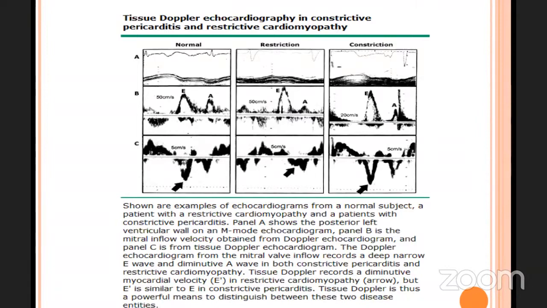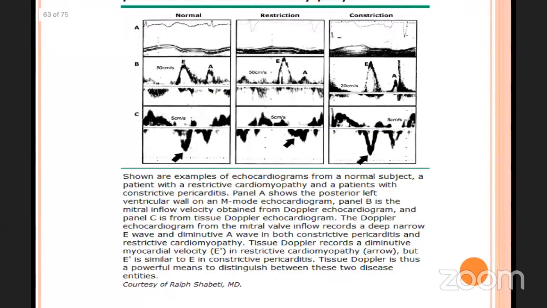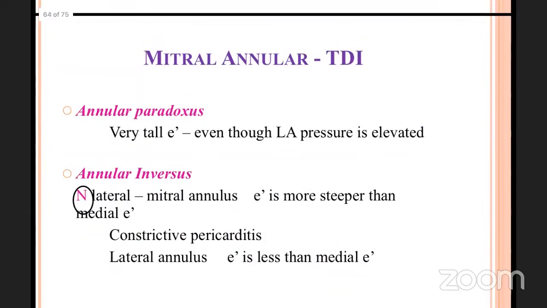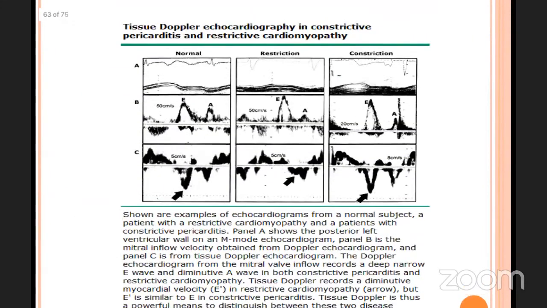Usually it is not less than 9 to 10 centimeters per second. The exceptions are there, but we'll come back to those later. So if you find a prominent E prime by tissue Doppler, it rules out restrictive cardiomyopathy. It is more in favor of constrictive pericarditis.